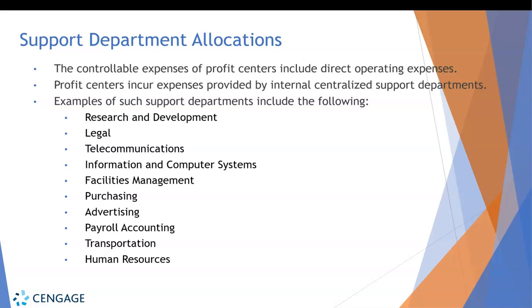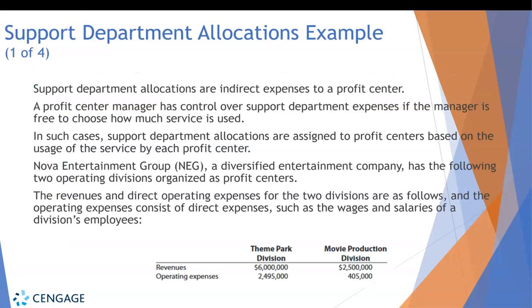So the controllable expenses can include direct operating expenses. Profit centers also have expenses provided by various support departments, such as research and development or legal department, telecommunications, IT, facilities, purchasing, advertising, payroll, transportation, HR.